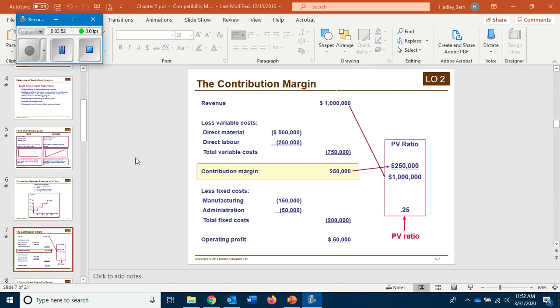So in this exact example, we have a contribution margin of $250,000 or 25%. So our profit volume ratio in this case is 25%.